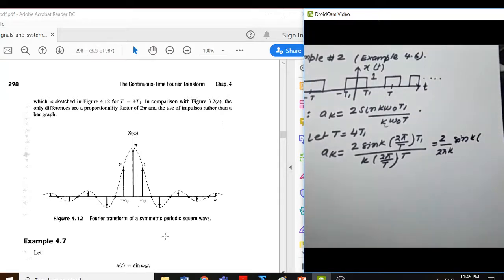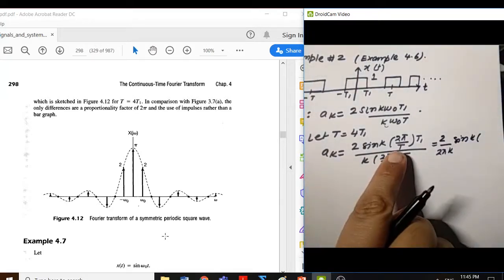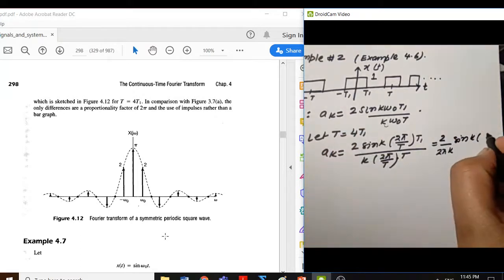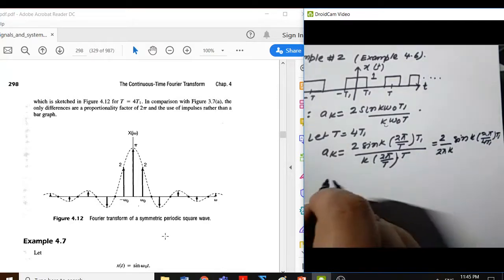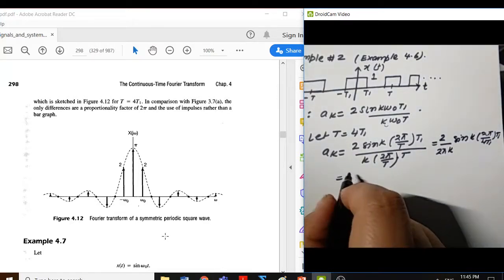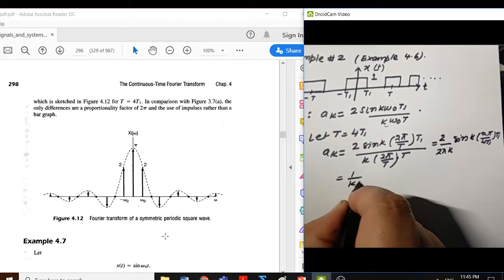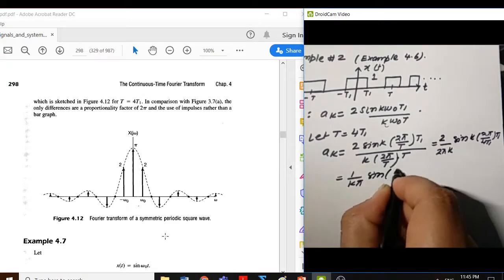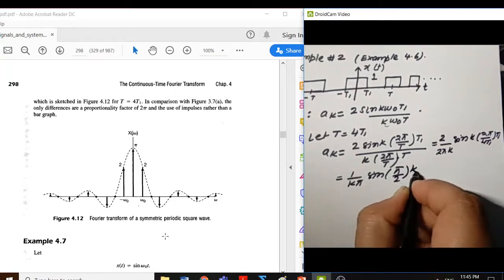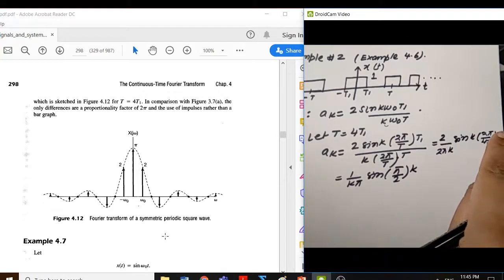Now I'm substituting the value of T, T is equal to 4 T1. This is 2 pi by 4 T1 into T1, and in the next step this also gets solved and we have 1 by k pi sine(pi k by 2), because this T1 and this T1 get cancelled.